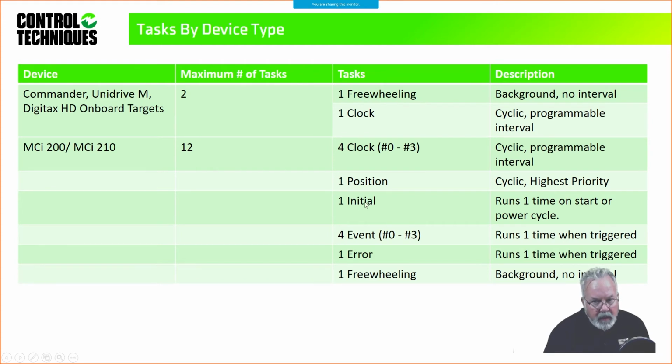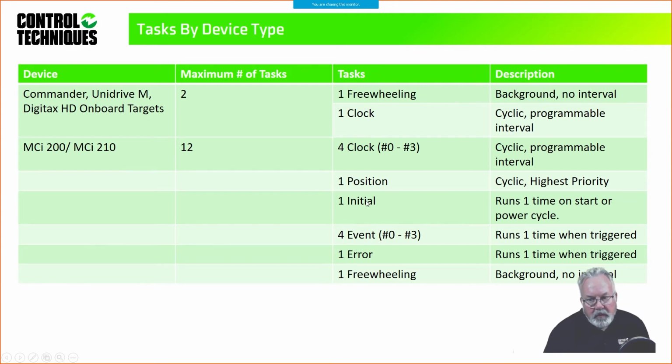We're going to add an initial task and a position task to our example project today. The initial task, as the name implies, runs 1 time on start or power cycle. So if I cycle power to the drive and the module, the first thing it's going to do is run the POU that's associated with the initial task, right?